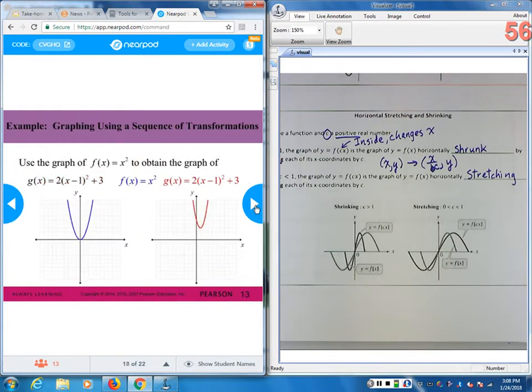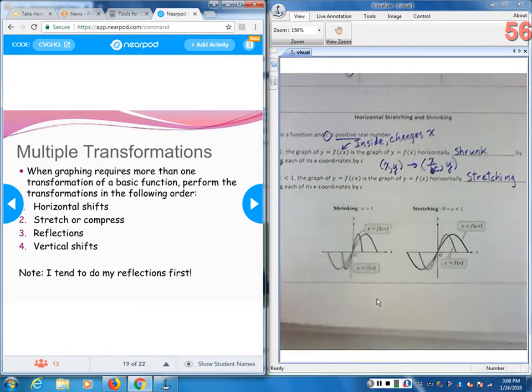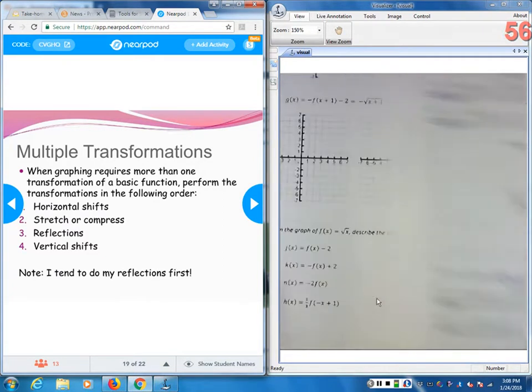It's showing these. I do my reflections first, then my horizontal shift, stretch or compress, and then the vertical shift. So I do my reflections first. So what did I say on the next page?